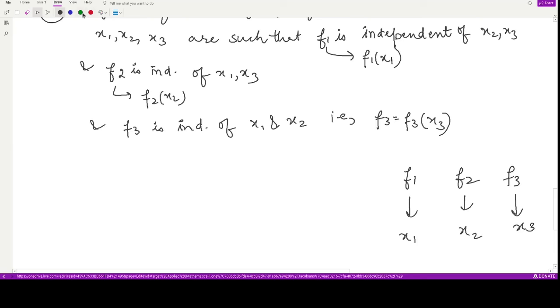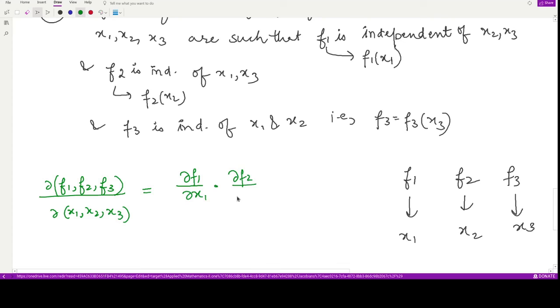In that case, the Jacobian of f1, f2, f3 with respect to x1, x2, x3 is given by the product of the partial derivative of f1 with respect to x1, the partial derivative of f2 with respect to x2, and the partial derivative of f3 with respect to x3. Why?